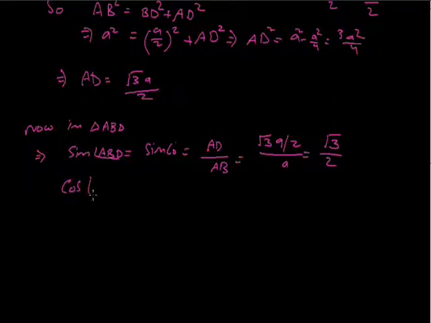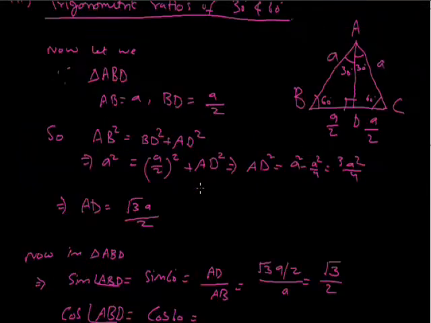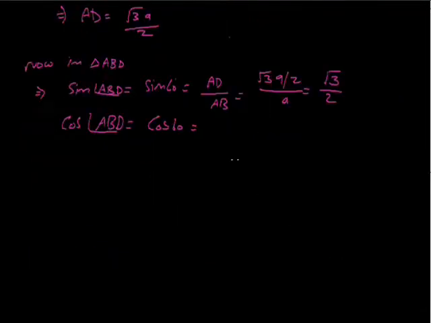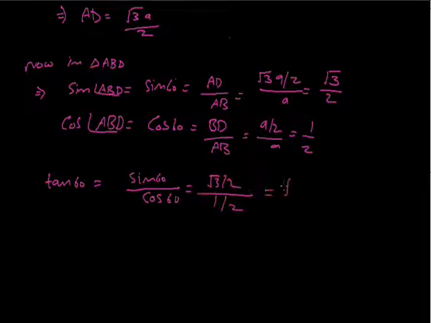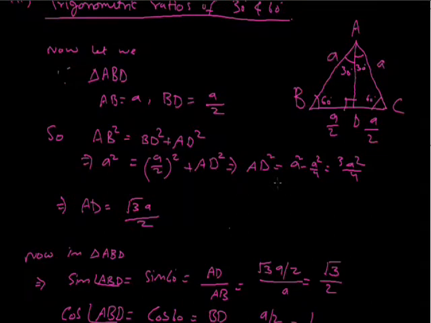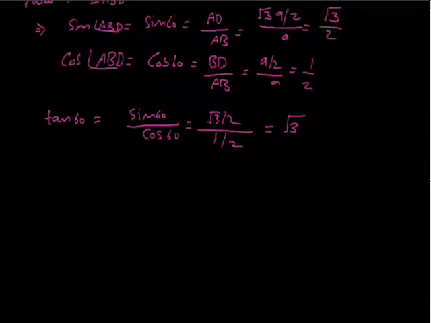Again, cos ABD equals cos 60 equals BD by AB equals a by 2 upon a equals 1 upon 2. Tan 60 equals sin 60 upon cos 60 equals root 3 upon 2 upon 1 upon 2, which equals root 3. Now we can see angle BAD is 30 degree.